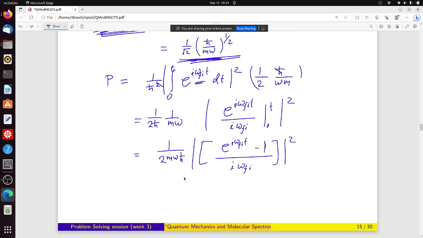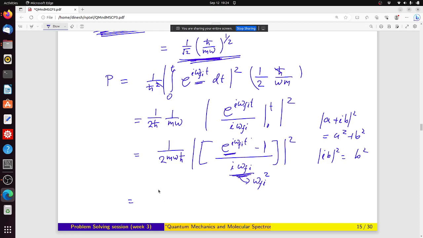Okay, so mod square of a plus ib will give me a square plus b square, right? So if I have ib only, then it will give me b square. So this part will give me omega fi square, and in the numerator we have to check this e to the power i omega fi t.